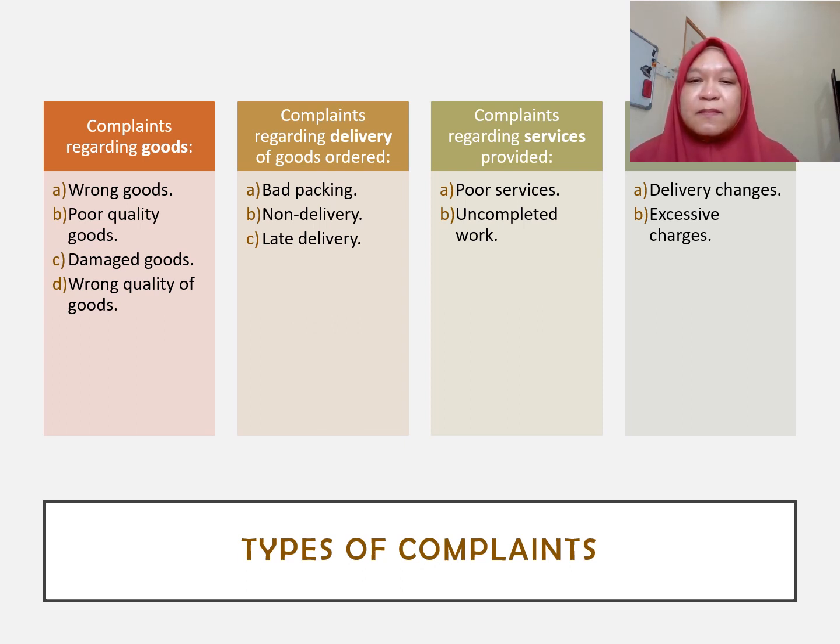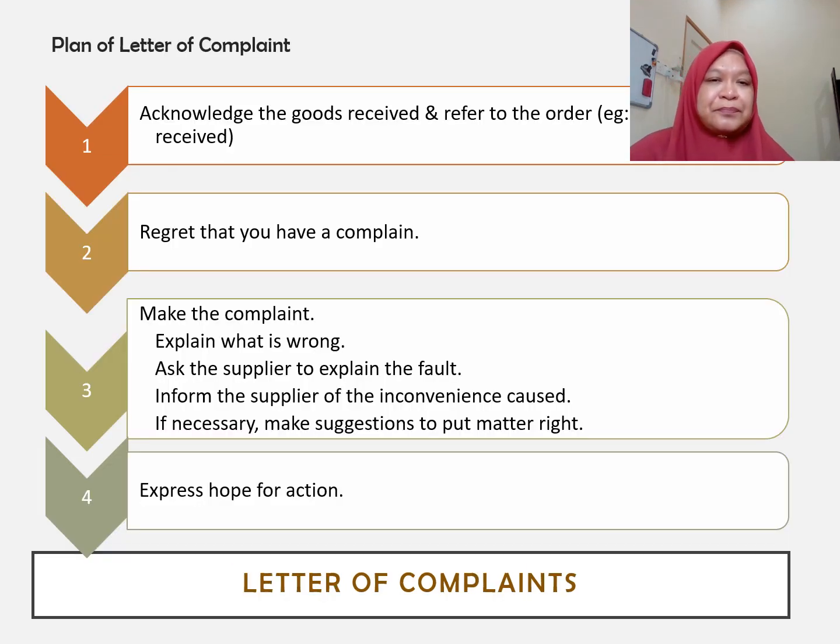The third one, complaints regarding services provided: you are not satisfied with the poor services that you receive, or maybe the uncompleted work. And the last one is complaints on financial matters, maybe the delivery charges or excessive charges.